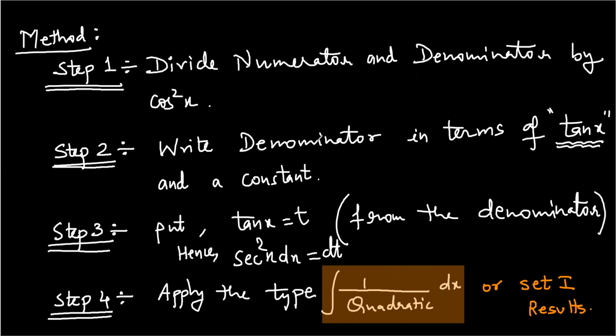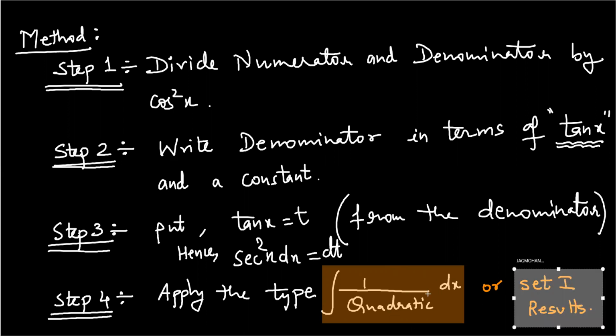So you will find that after step number 3, you have ended up with a new type of problem, or you will find that now you can apply set one results. You all know that once you reach this type, you can integrate, because this you have already integrated.